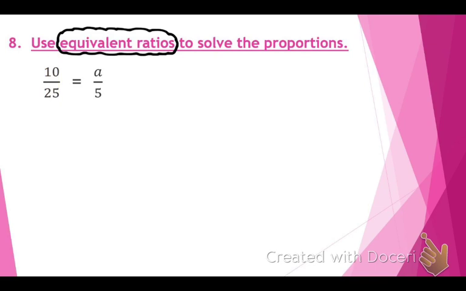We also know that I know both of my denominators. So I am working from left to right, and I've got to figure out how to get from a 25 to a 5. What do I need to do? Divide by 5. If I'm dividing by 5 on the bottom, I have to divide by 5 on the top. What is 10 divided by 5? 2. So A equals 2. This is how you do an equivalent ratio.